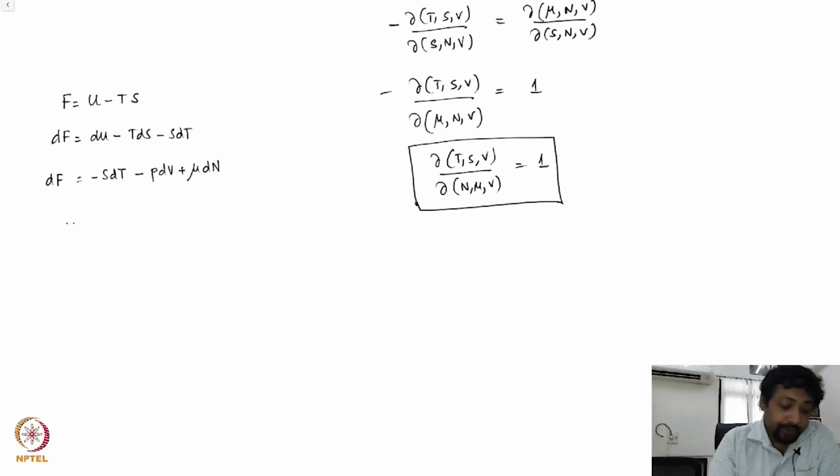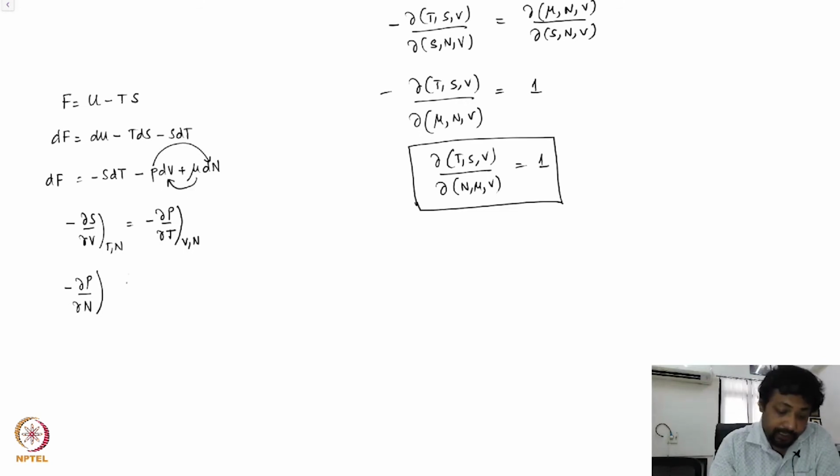Now, the first Maxwell relation would be del S del V, T and N held constant, is minus del P del T, V and N held constant. Then of course it follows minus del P del N, with N and mu with V, is equal to del mu del V. Here of course when you do del P del N, V and T are held constant.